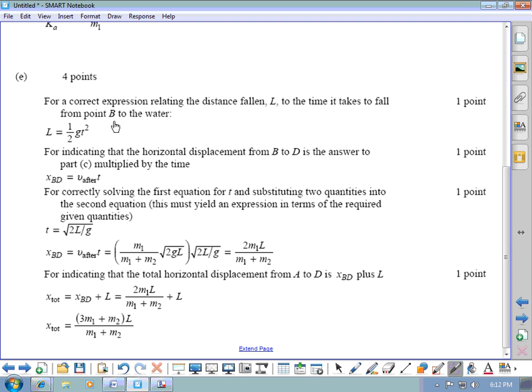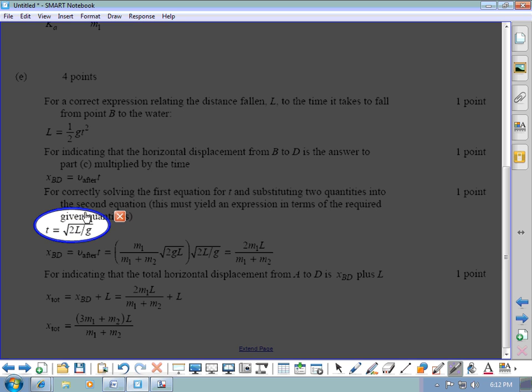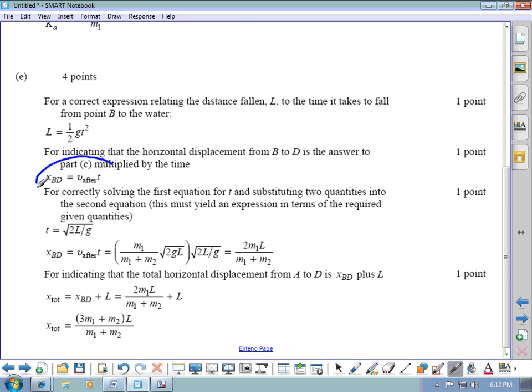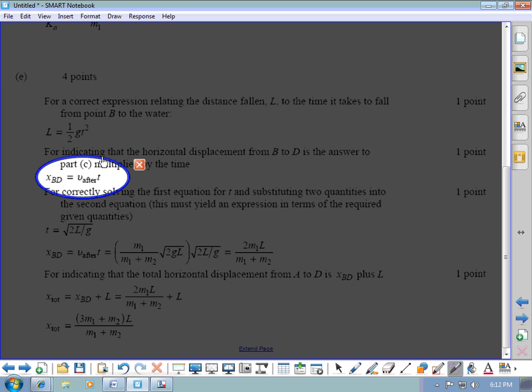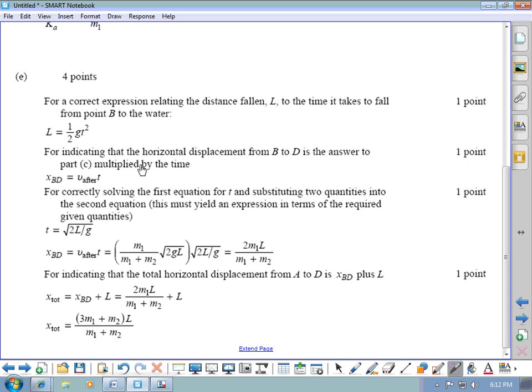And then there's 1 point for correctly solving that equation for the time. And then there's 1 point for correctly saying that the horizontal distance is going to equal the horizontal velocity times the time. So those three pieces together, those are the parts where you're using kinematics. Those are 3 of the 4 parts.